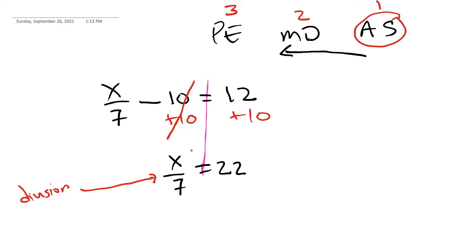We always deal with opposites. So the opposite of divided by 7 is to multiply by 7. So x will be, I believe, 154. Yes.